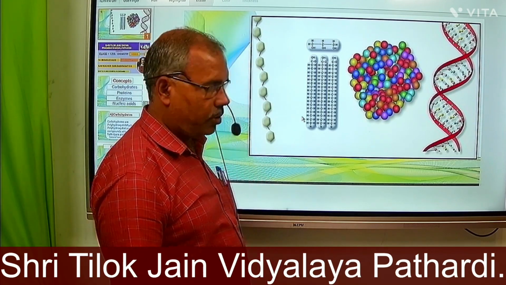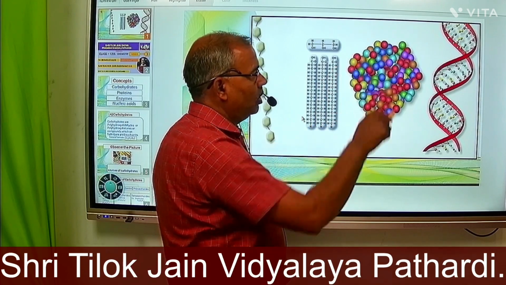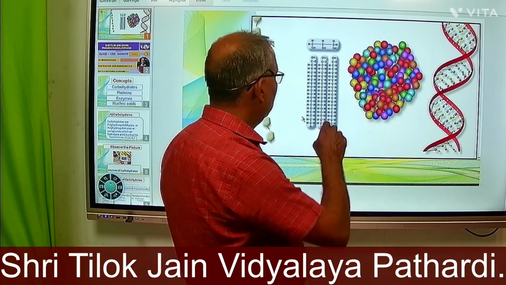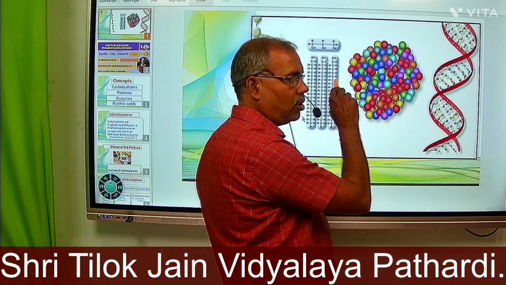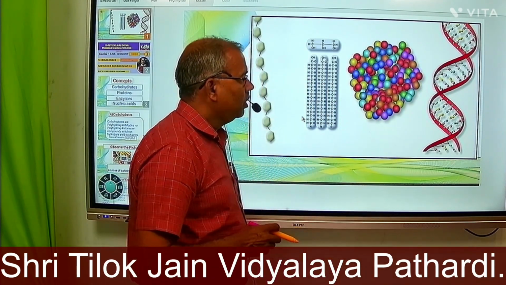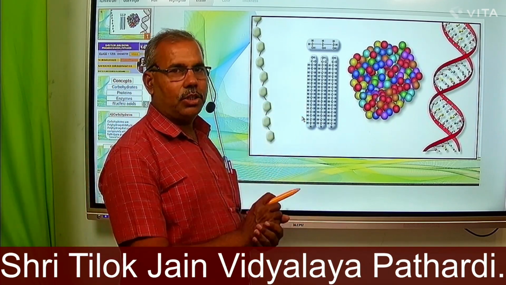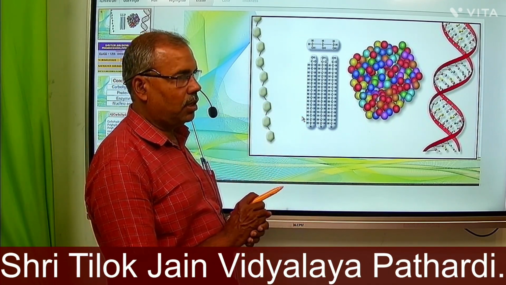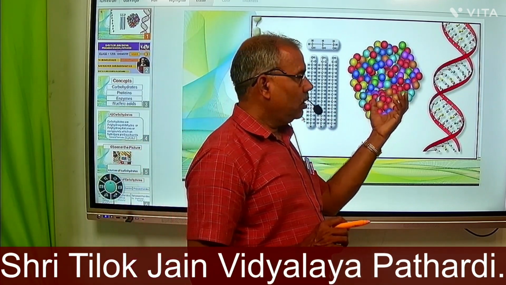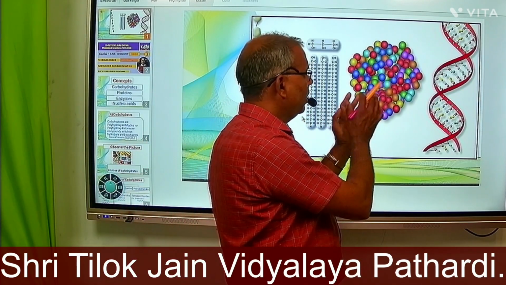Now here you can see on the slide there are different molecules in their chemical composition or structural form, as well as in pictorial form. These are molecules which are very large or have complicated structures. Many particles, many molecules are gathered together.